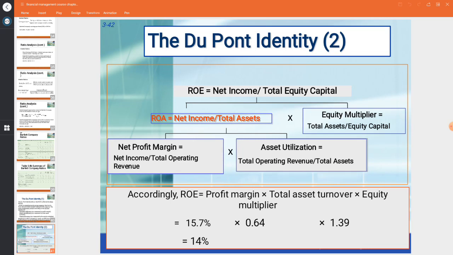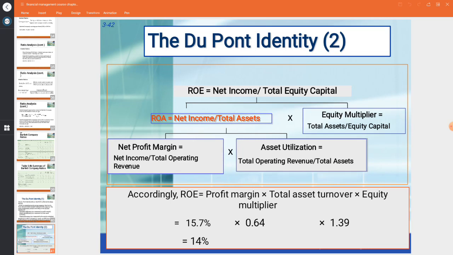But the main difference between this long form of the ROE and the short form of the ROE is that the first equation of ROE, net income divided by total equity, didn't tell us a lot about the situation in this firm.